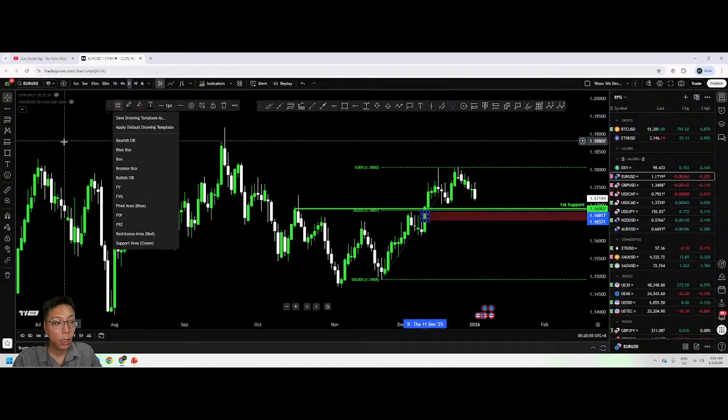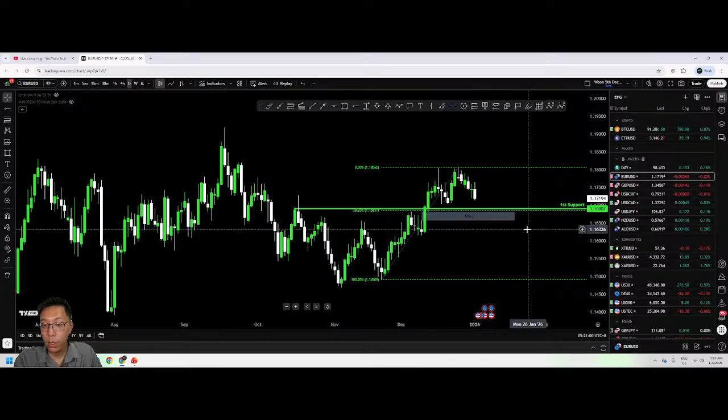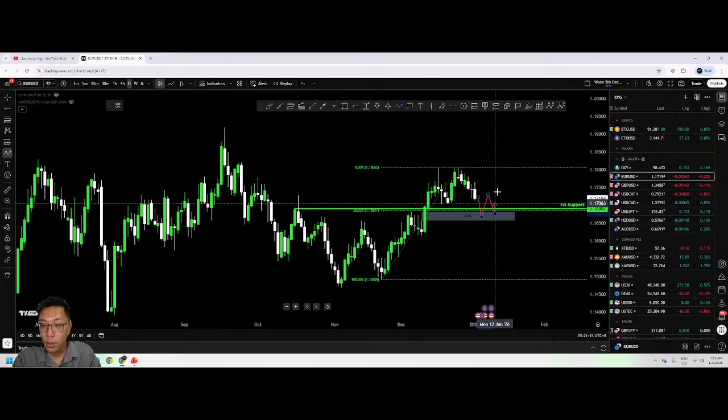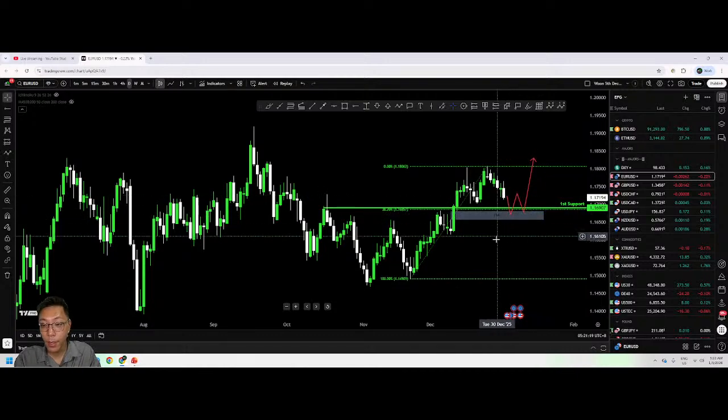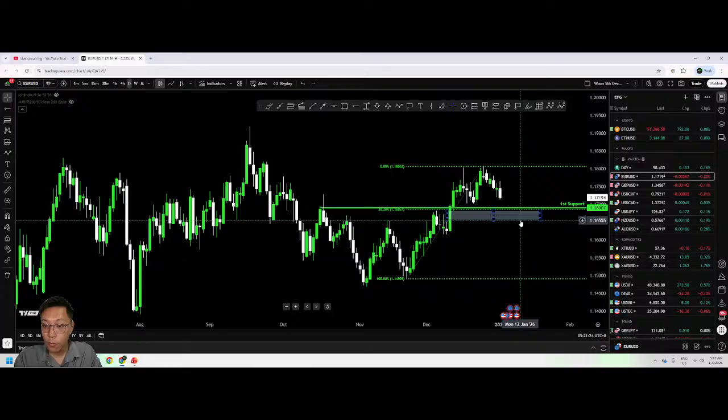Either price will bounce off from this first support level, or price will come down, touch this fair value gap, bounce, and go even higher. This is what Euro Dollar might be able to do. Let me just remove all of this to make it less complicated.